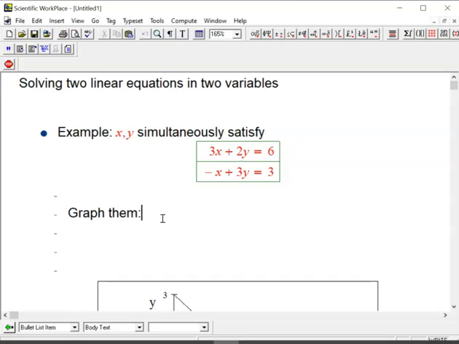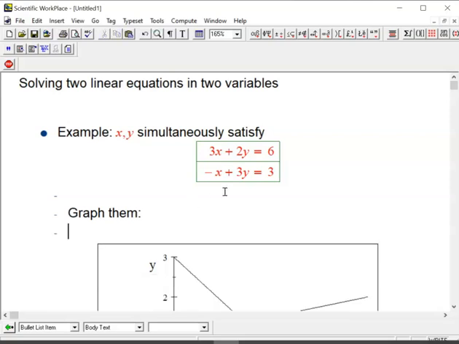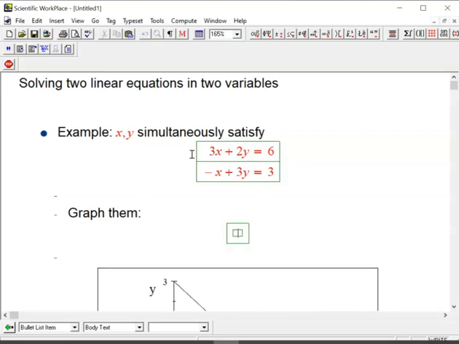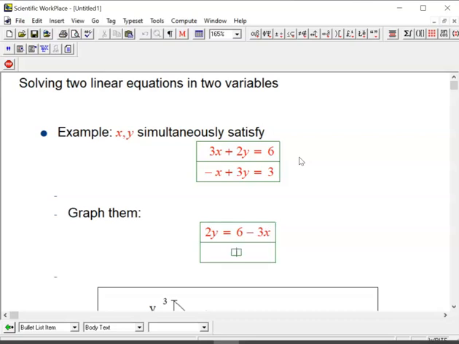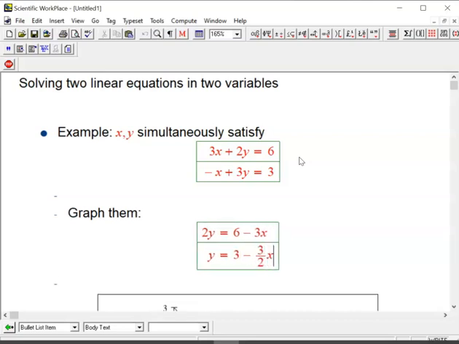Now, to get an idea of this, almost everybody graphs these things. So let's really quickly see how you would do that by hand. We're pretty familiar with the y equals mx plus b form. If we take that first equation, move over the x and divide by 2, we get 3 minus 3 halves x.